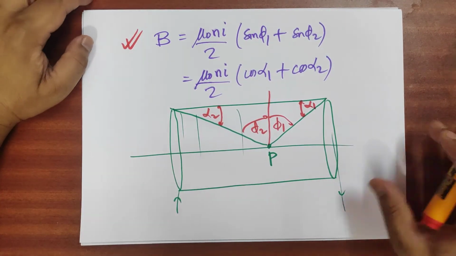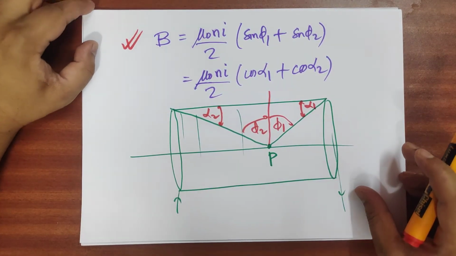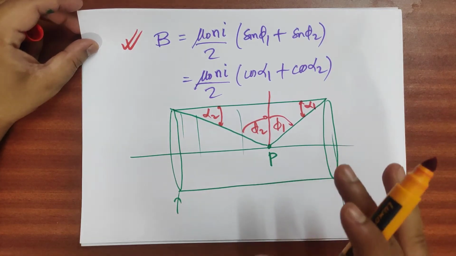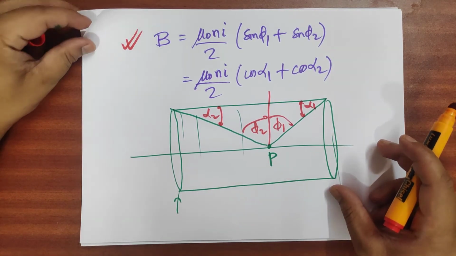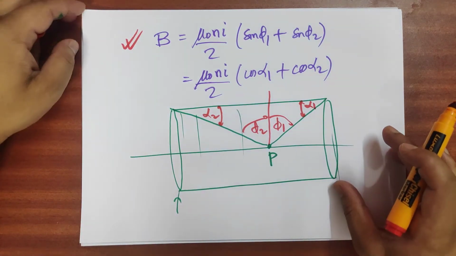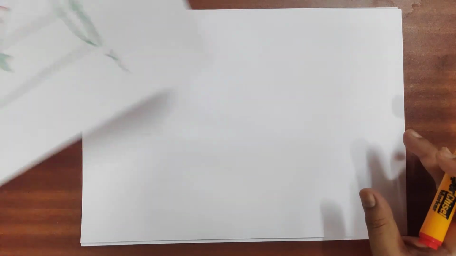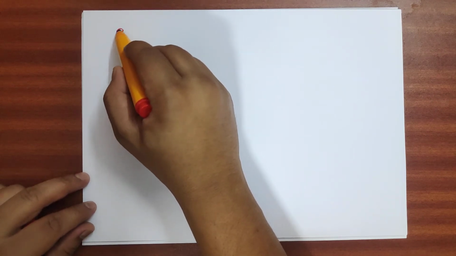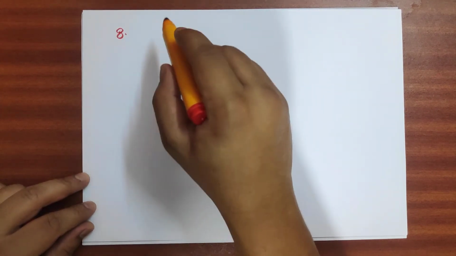Now we will deal with a special case. We will find out the magnetic field inside an infinite solenoid, that means a solenoid of infinite length. So this will be question number 8 actually, special case of 7.